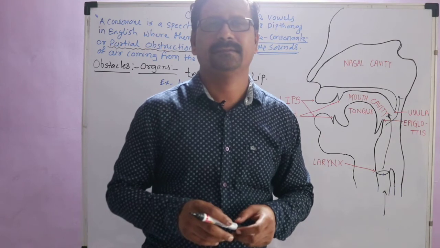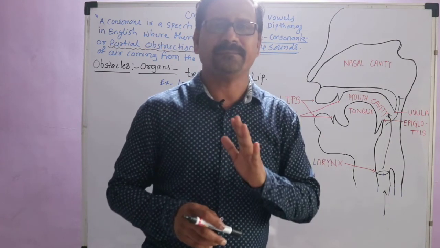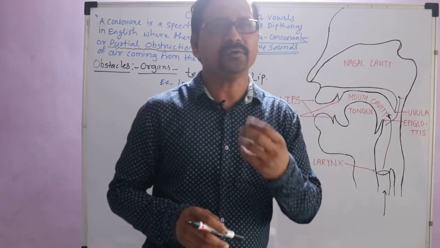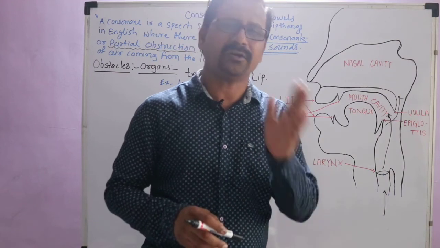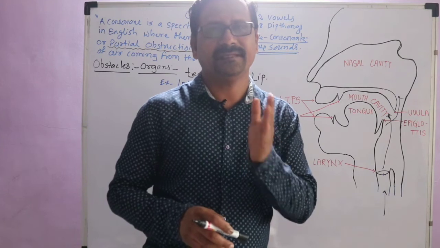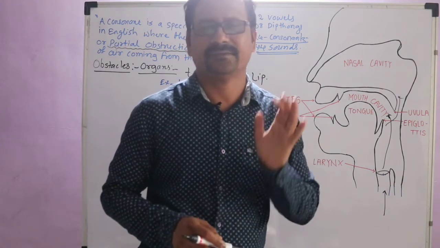So it happens. So the tongue plays its role. The tongue makes an obstacle for the air to go out, and when such kind of partial or complete obstacle comes in the way of air, it becomes a consonant sound.